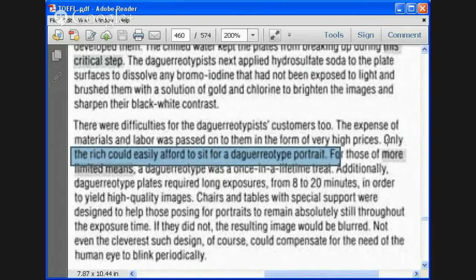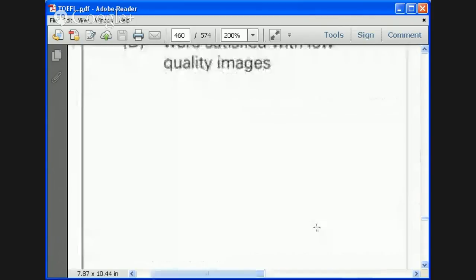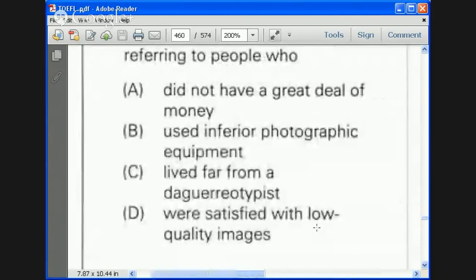Only rich people could get this type of picture. For those of more limited means, for others, a daguerreotype was once in a lifetime. What others? Okay. Others meaning opposed to probably rich, right? Okay.